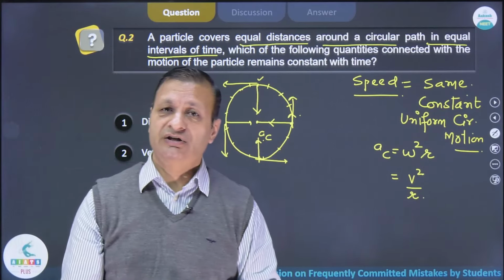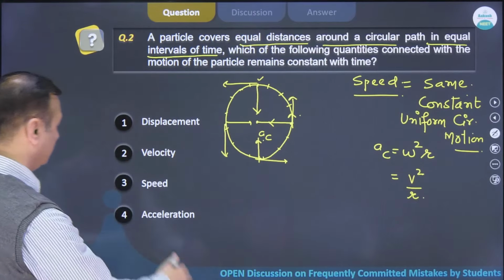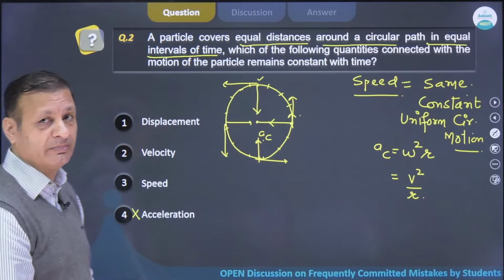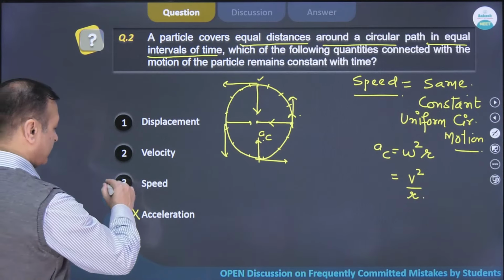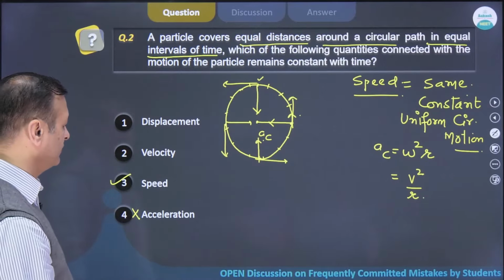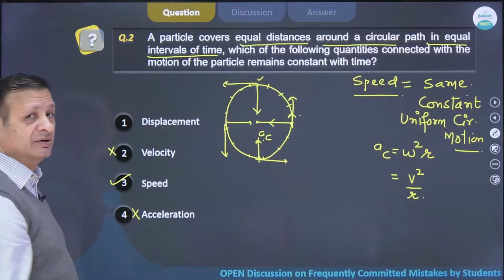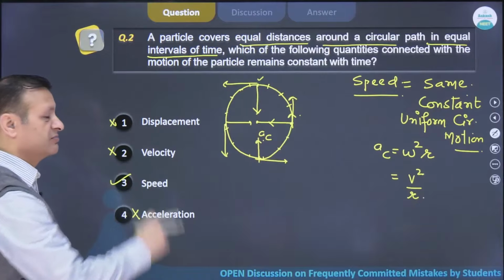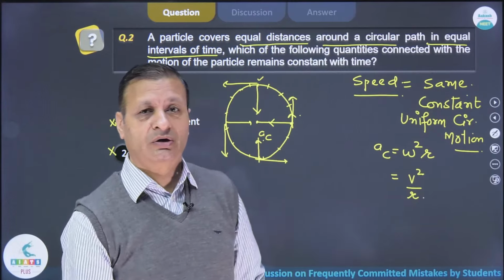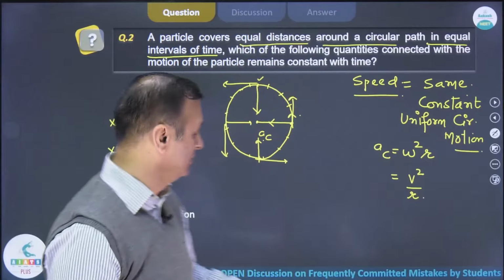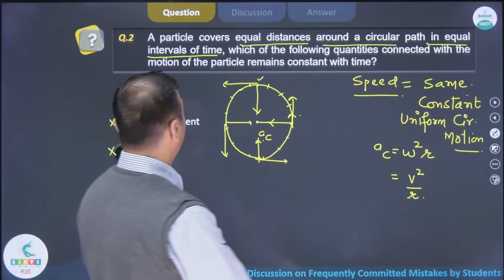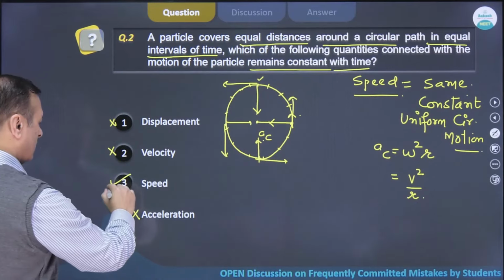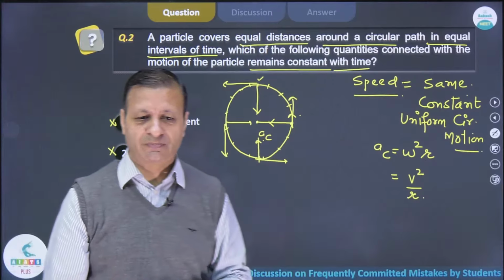So centripetal acceleration is again not a constant vector. Acceleration is constant in magnitude but varying in direction. Speed is the clear winner, the clear candidate for this. Velocity is not, reason being the direction, the tangent, keeps varying all along the circular path, and even displacement is a vector quantity. So all these are variables, but the quantity that remains constant with time is only the speed. Any doubt from this part?